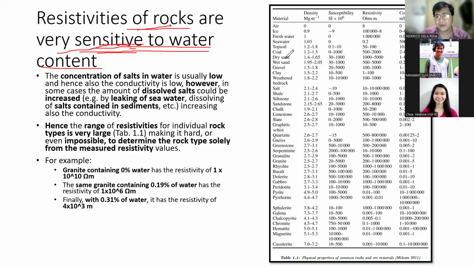A dry soil versus a wet soil will have drastically different resistivity values. Concentration of salts in water are usually low. However, of course, if your site is just near the sea, you can get some leakage through saltwater intrusion, and that can increase your conductivity and subsequently decrease your resistivity.